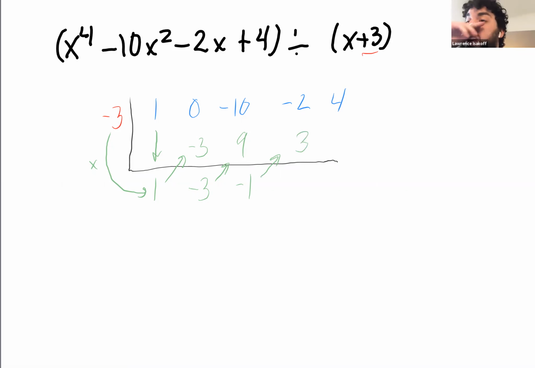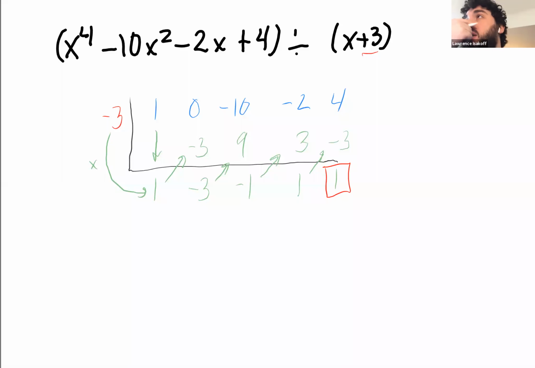-3 times -1 is positive 3. -2 plus 3 is 1. -3 times 1 is -3. Add these up and I get a 1 here. So I do technically have a remainder of 1.